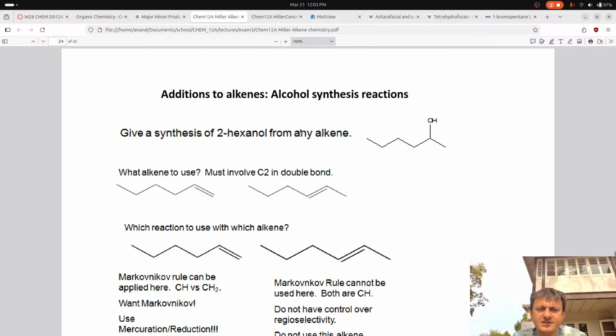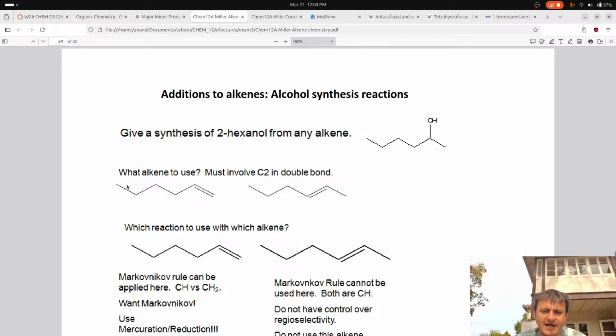All right, give a synthesis of 2-hexanol from any alkene. All right, you just add acid. You definitely don't want to do this one. You want to use this one. The reason why you want to use this one is because if it's on the end, then this is a secondary carbon and this is a primary carbon. And so the acid-catalyzed hydration will be Markovnikov.